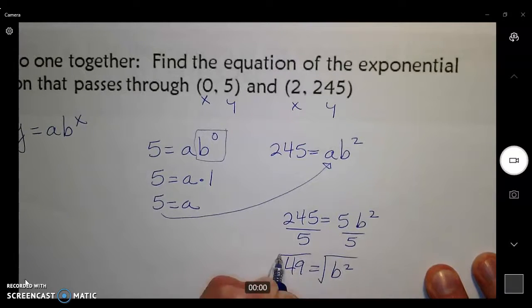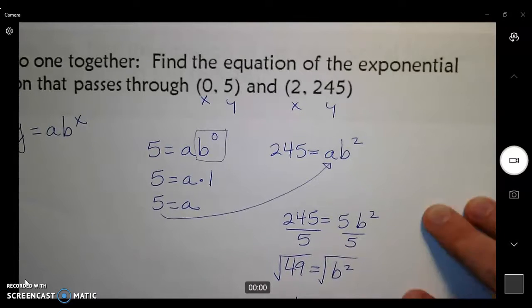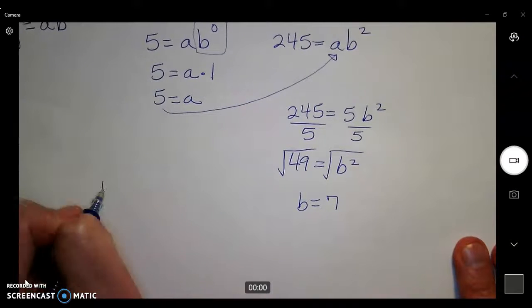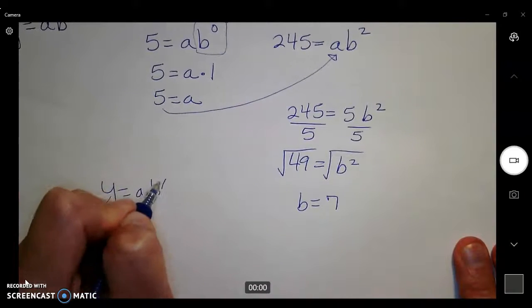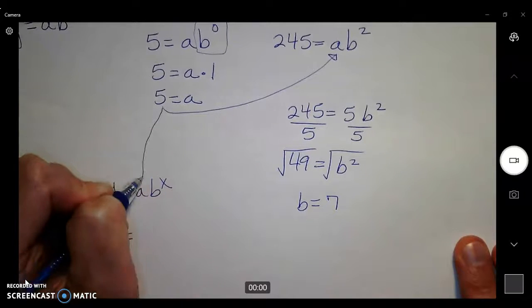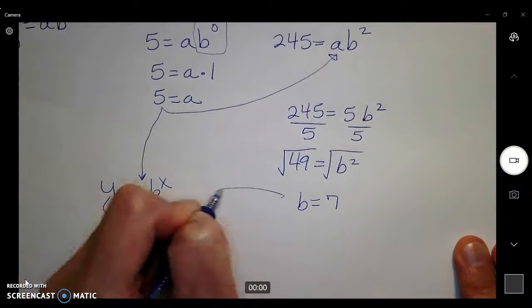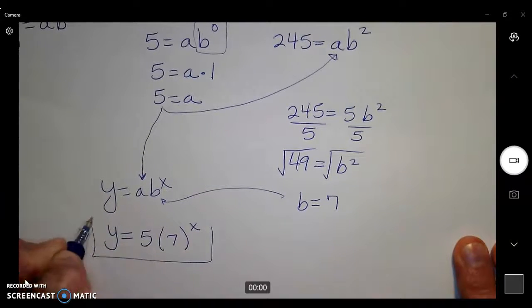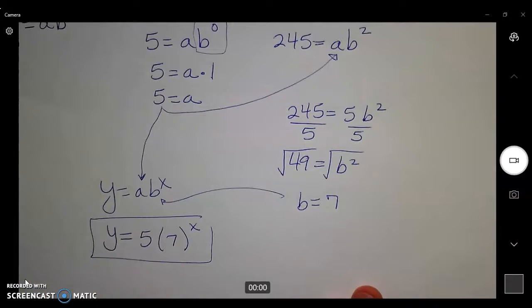We're going to square root. So b is 7. When you're all done with that part, there's my b equals 7, you need to put your parts together again. So y equals ab to the x. Y equals a was 5, b was 7. Let me write it like that. So that's my equation for that exponential function.